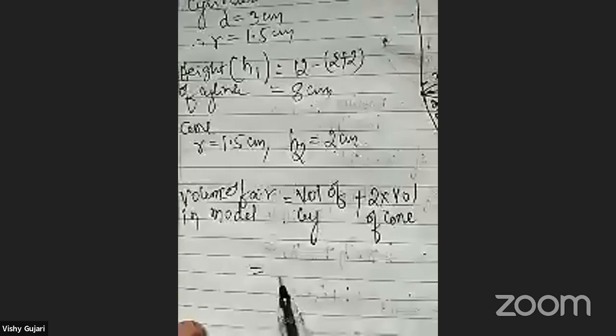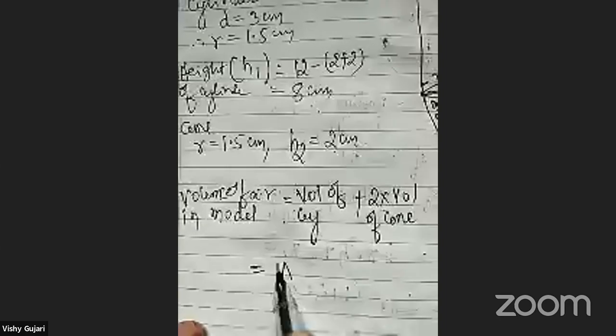That is equal to volume of cylinder pi r square H, here I am writing H1, plus 2 into volume of cone, 1 by 3 pi r square H2, because the heights are different. Shall I take pi r square common?